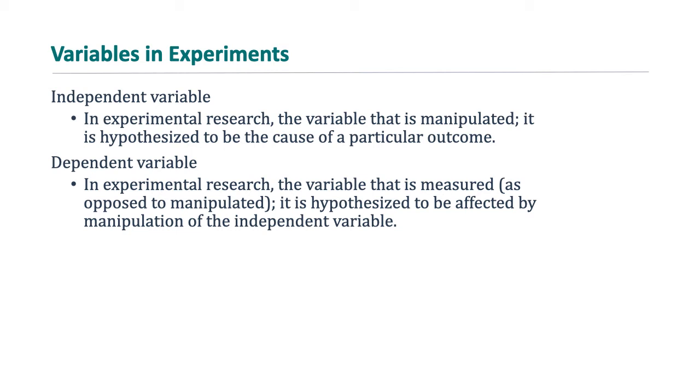That is, after the manipulation, and that timing matters, there will be an outcome that occurs. And that outcome that occurs, we have a hypothesis of saying, if we do this manipulation, we're going to see this outcome happen. And then we measure to make sure that we have an objective way of seeing what that outcome is.